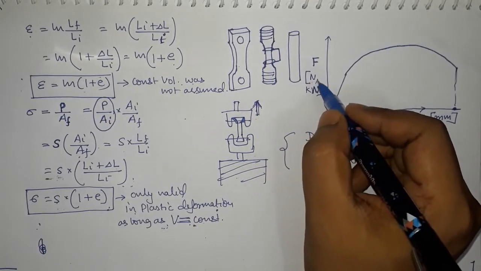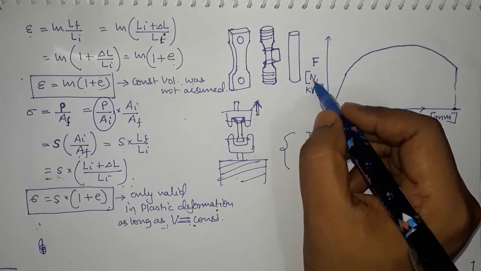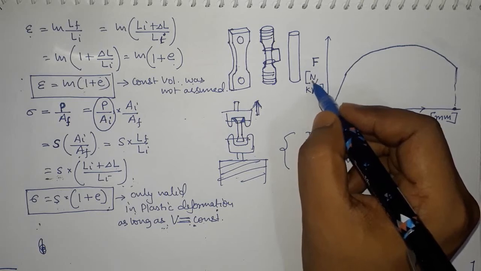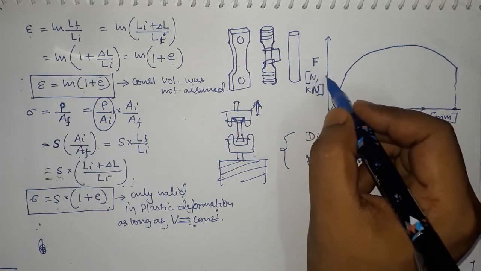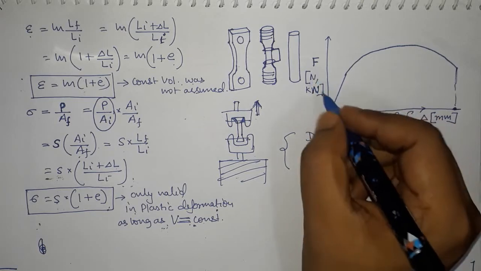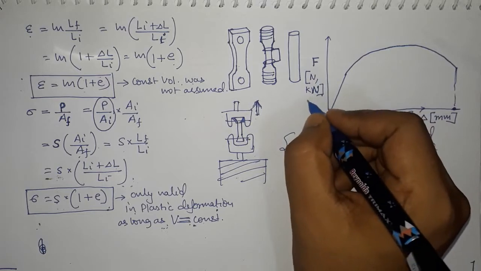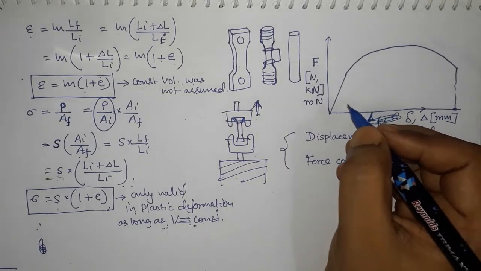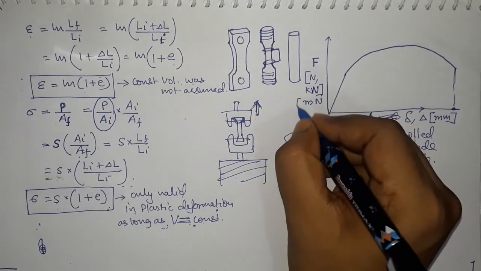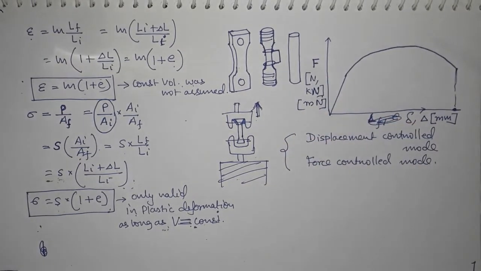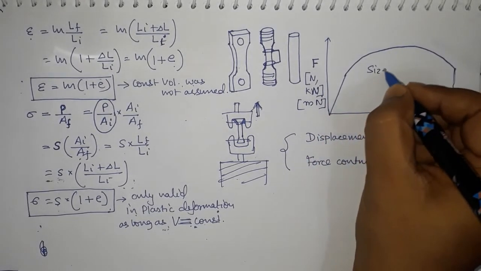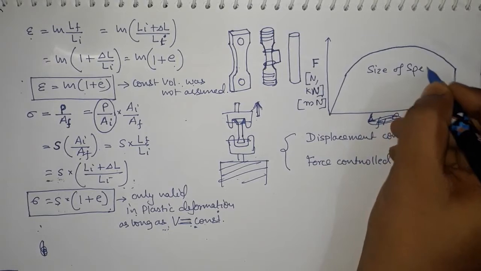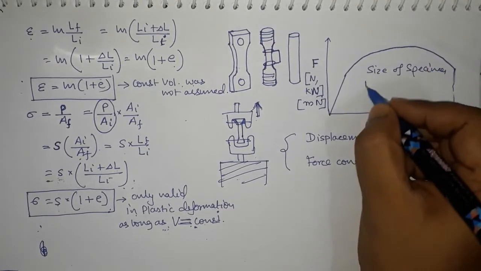If you are testing polymers, then the force can be in the range of Newton. If you are testing biomaterials, the force can be in the range of millinewton. So it depends on the size of the specimen, and it depends upon the material.